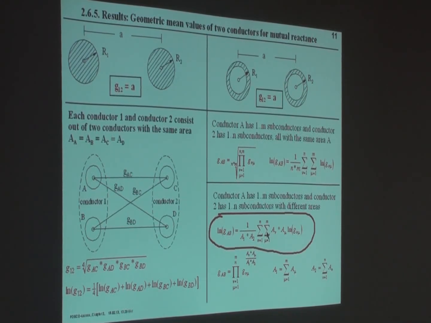What to do if all these areas are the same? If AA, AC, AB, AD are the same, AA is AB, is AC, is AD, and area E is area F. Then it becomes much easier.